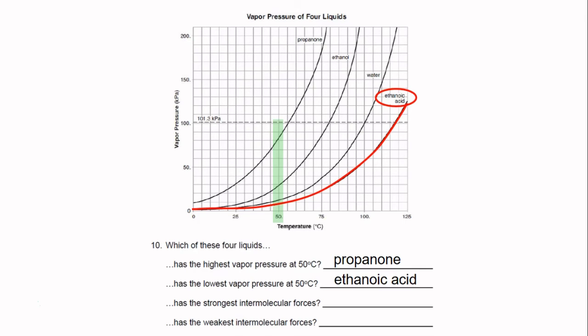A high vapor pressure is associated with relatively weak intermolecular forces. A low vapor pressure is associated with relatively strong intermolecular forces. So of these 4 liquids, ethanoic acid would have the strongest intermolecular forces, and propanone would have the weakest.